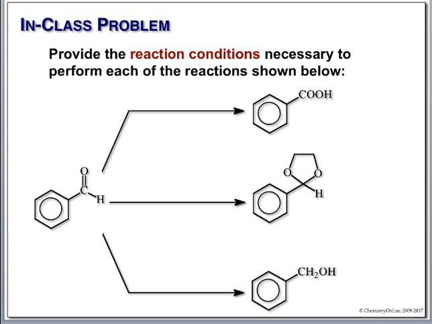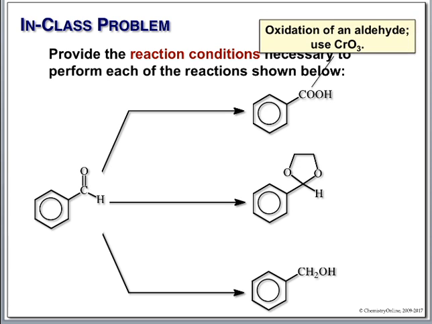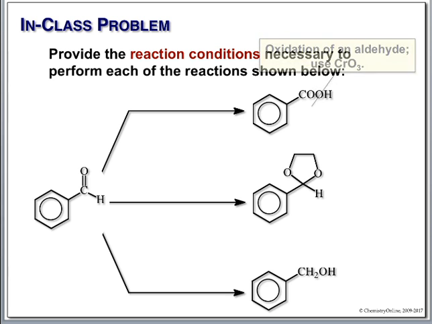That's because aldehydes oxidize so easily. So all we have to do here is oxidize this to this. Because we're oxidizing, we could use almost anything. Chromate works nicely, cleaning solution. So chromate and sulfuric acid. And we're there.